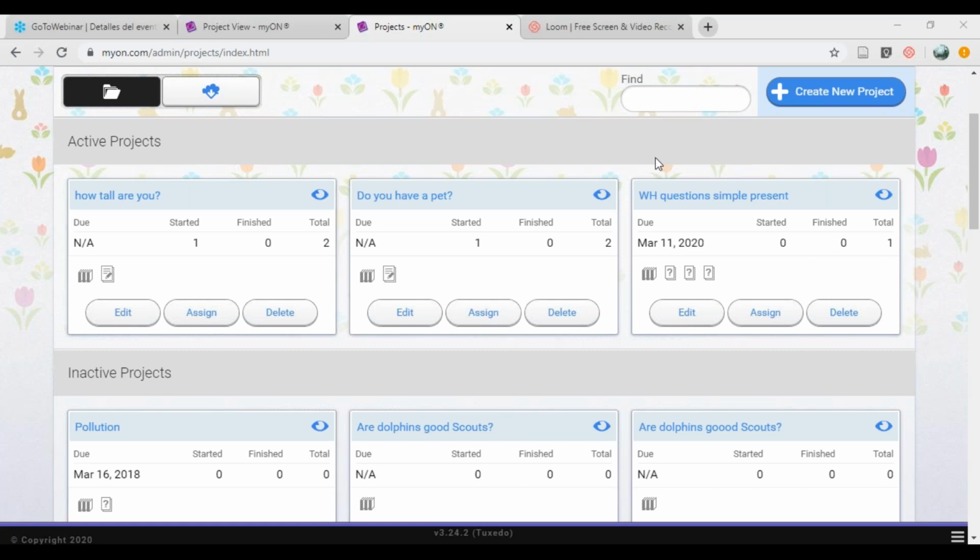But if we just say, okay, write about your last vacation, and that's all the input we give them, it's going to be very hard for them to develop their ideas and to write.